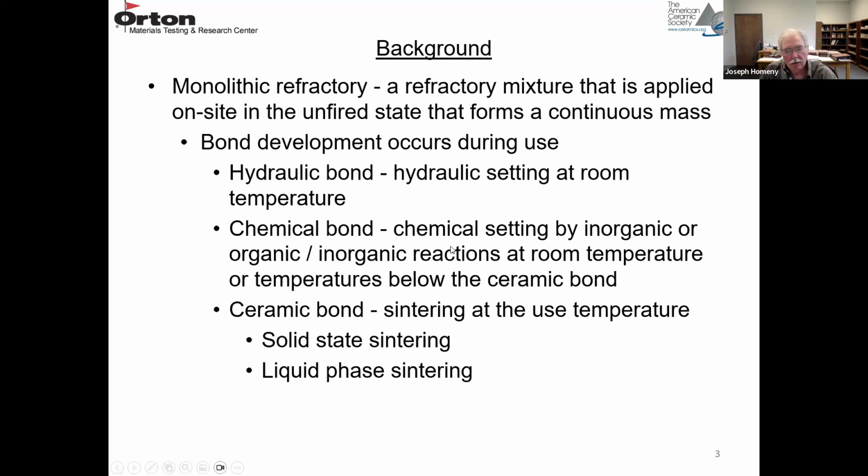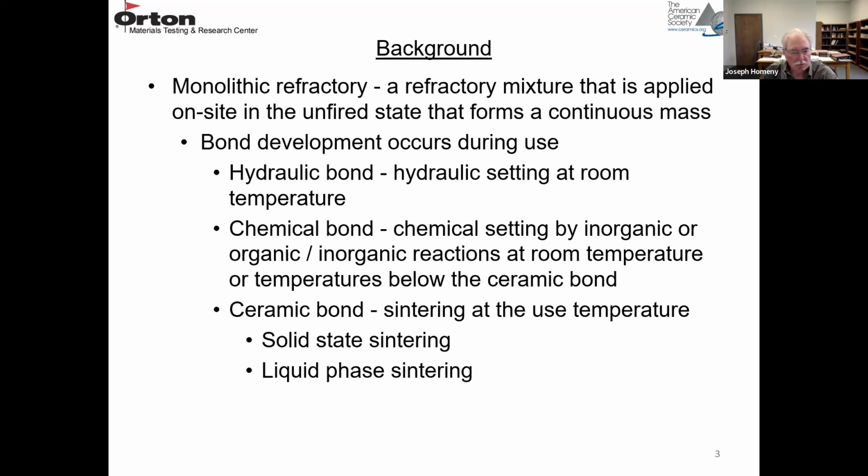Then chemical bonding occurs by setting of an inorganic, or a combination organic-inorganic, reaction. It takes place at room temperature, or it could take place at higher temperatures, but it will most likely take place at temperatures below where the ceramic bond takes place. And the ceramic bond is what happens at high temperatures where the sintering takes place.